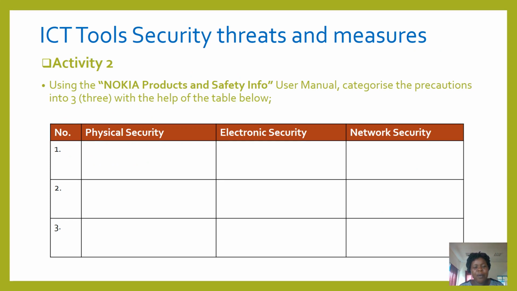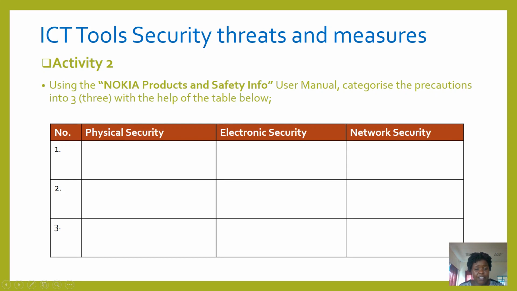So, about the same, you're going to have this activity too. You're going to use the Nokia products and safety info in the previous slide, and you categorize the precautions therein into three. You're going to use this table here.